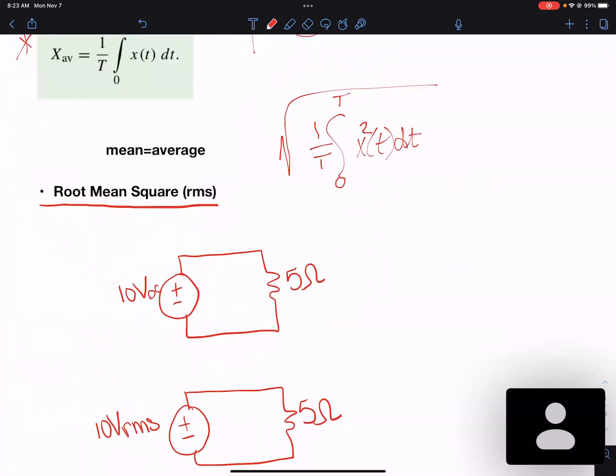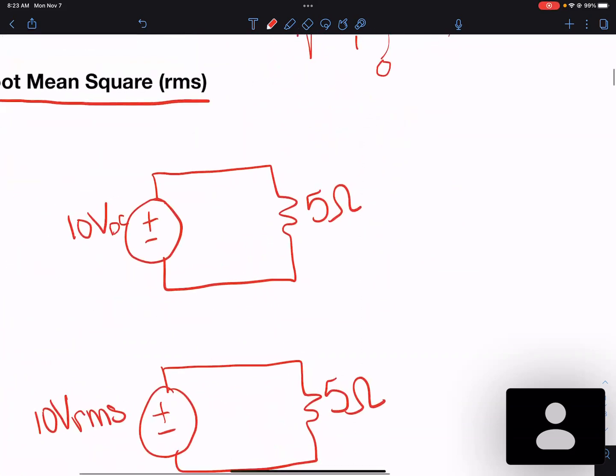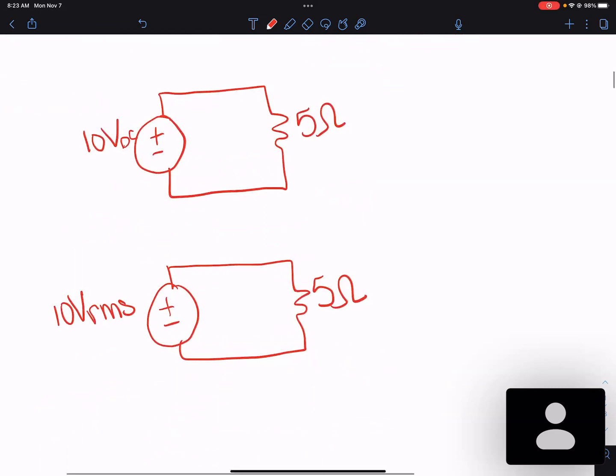And what does it mean to find the root mean square? I think this is an easy way to understand it: we want the root mean square to give us the same power as when we are in DC.